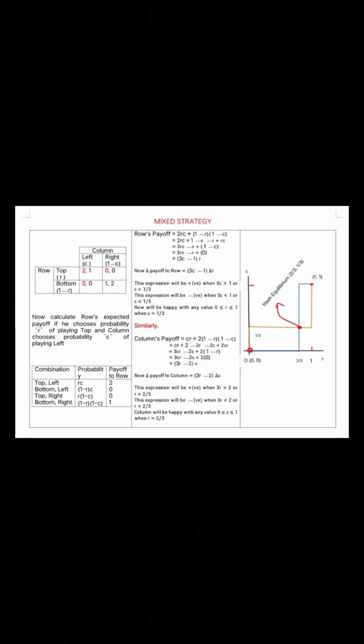Now, to understand this mixed strategy, let us focus on row's expected payoff, where he chooses probability R. Let us calculate row's expected payoff if he chooses probability R of playing top and column chooses probability C of playing left.